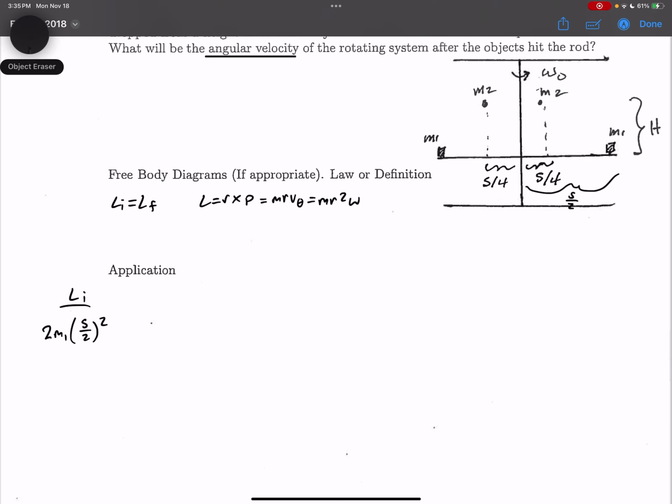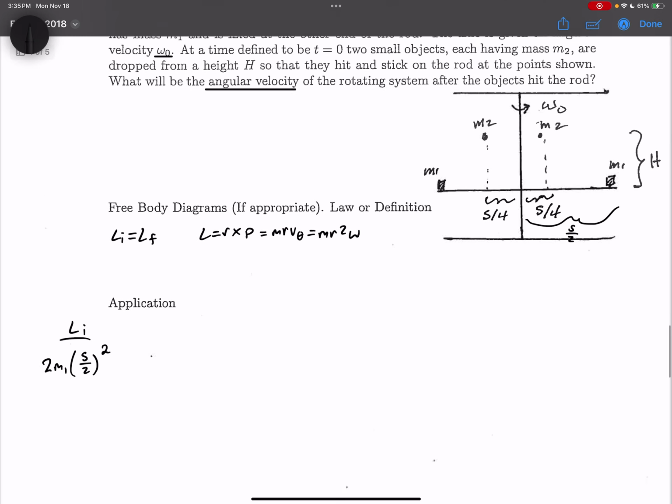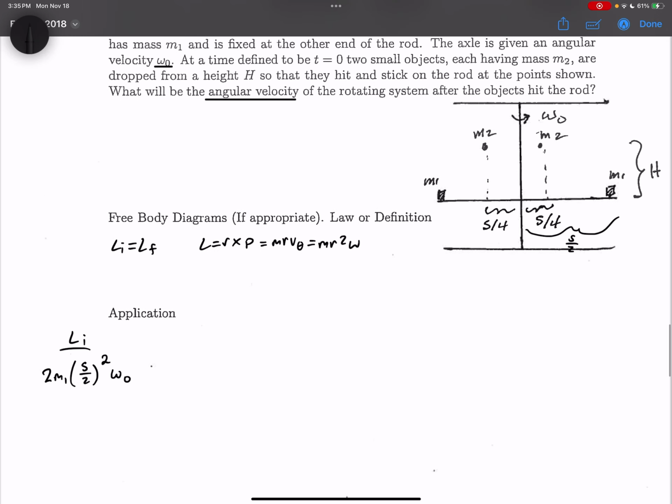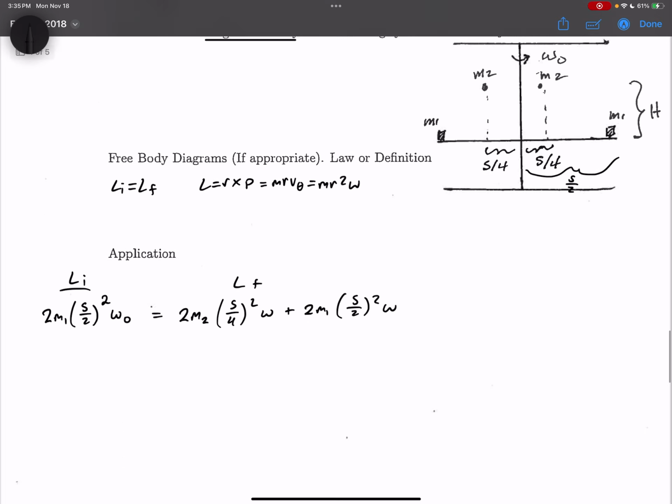I think that works. Yeah. Times omega naught. And then L final is going to have the 2 masses, so 2m2 times s over 4 to the second power times omega plus 2m1 times the new angular velocity that we're solving for.